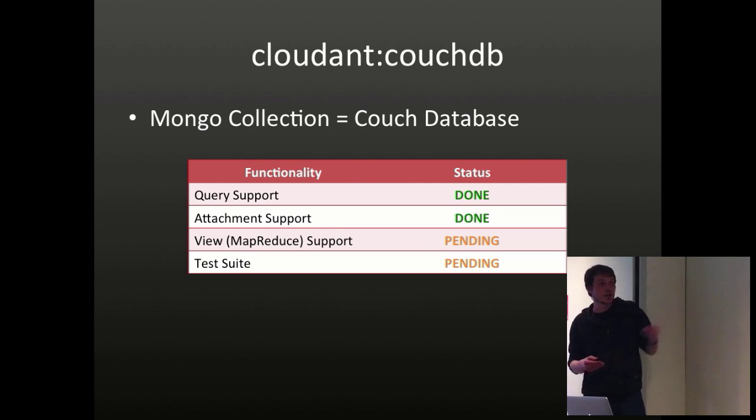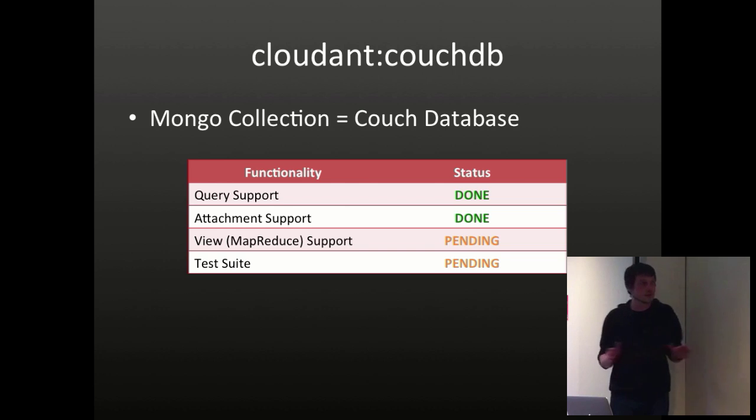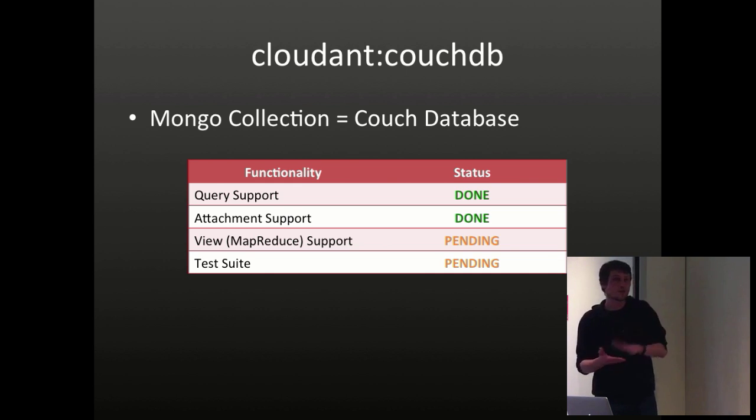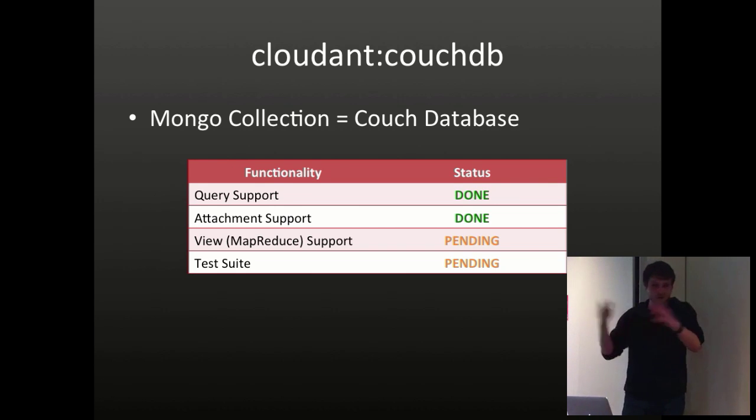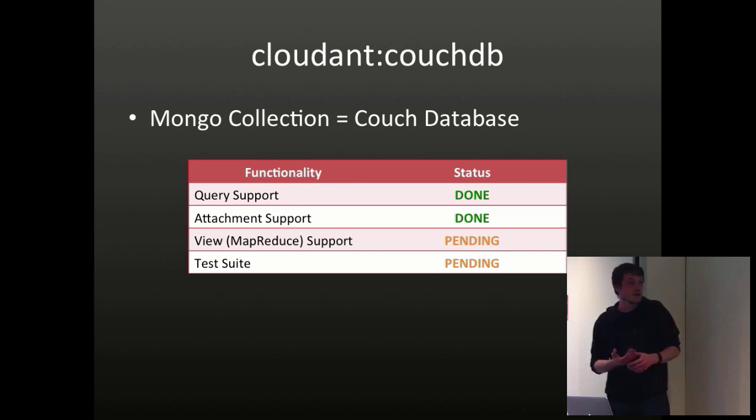Now, in terms of functionality, the driver is still in a very, very early stage. It's all still an alpha driver. We got basic query support, so I played around a little bit with it, and so far the use case that we tested most was basically just inserting items and querying items with different query parameters or dynamic queries. But we don't have any proper test suite, and I found a few issues when updating documents.